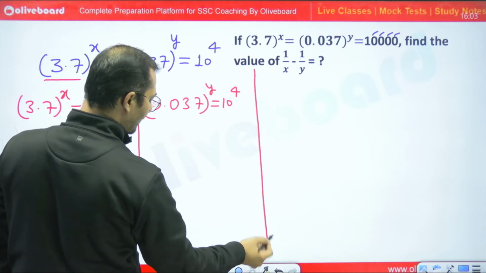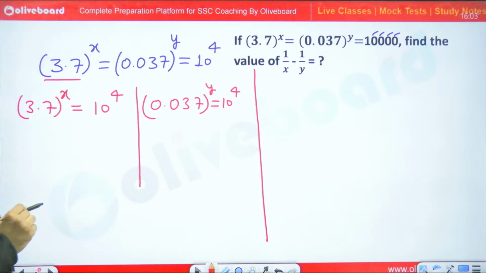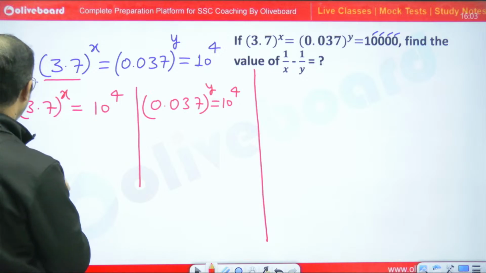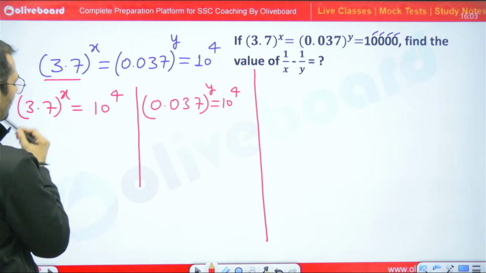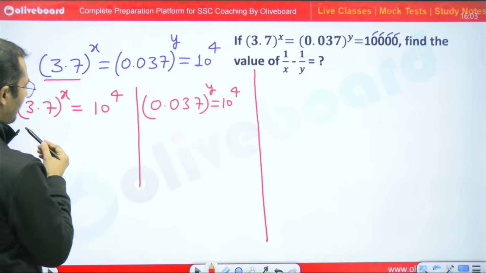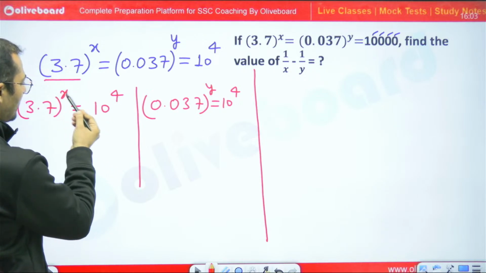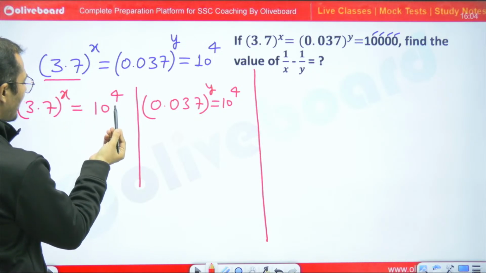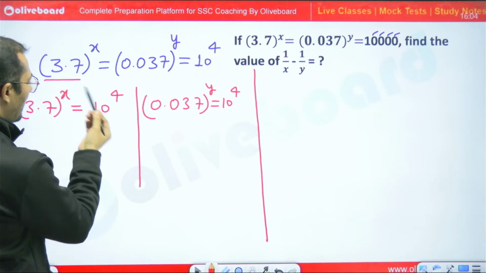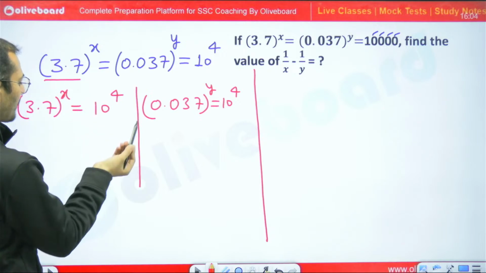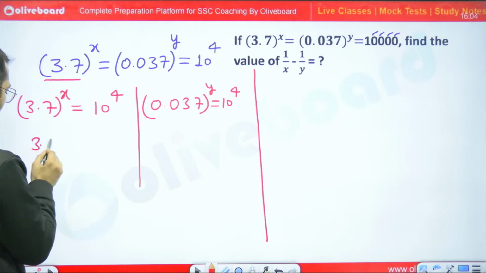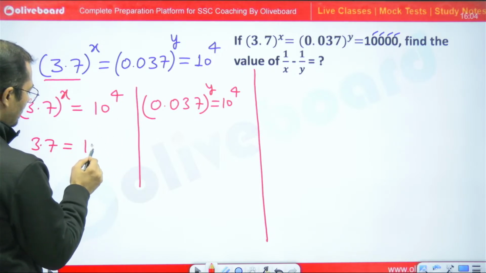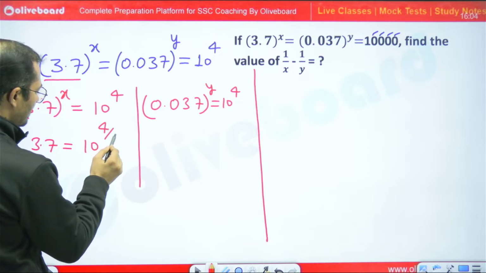I am explaining with the basic concept how we will do this question. See, 3.7 to the power x is equal to 10 to the power 4. So transfer x to the right hand side. Whenever we transfer a power, it is reciprocated, meaning 3.7 would be equal to 10 to the power 4 by x.